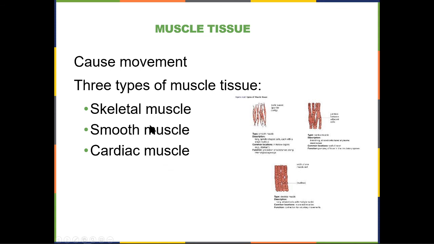So smooth and cardiac muscle contract unconsciously to you. You don't have to tell your heart to beat or your stomach to digest your food. But you do need to tell skeletal muscles what to do. It may not be a, hey, bicep contract right now, but if I go to open a door, I am telling that bicep to contract because that was a conscious thought that I wanted to open the door and go through that door.